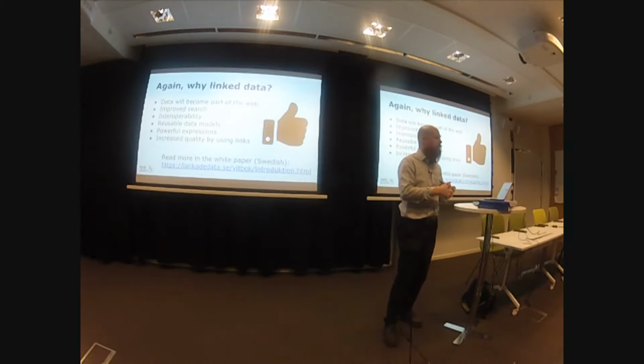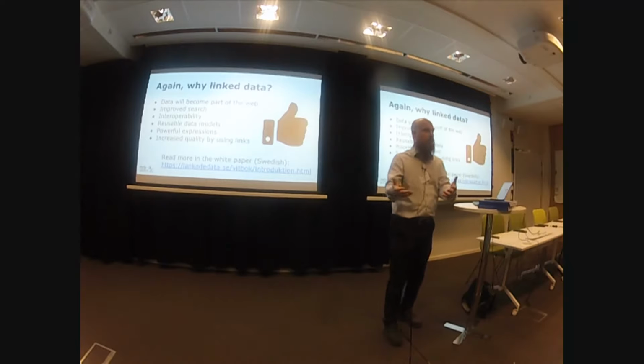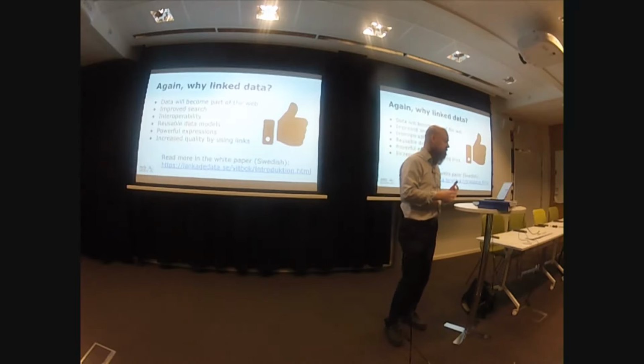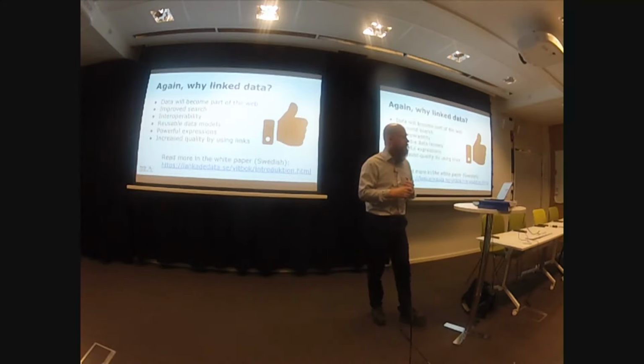So interoperability is about having information being interpreted correctly in another system by reusing established vocabularies. That's the way linked data works. Interoperability and reusable data models are quite close.